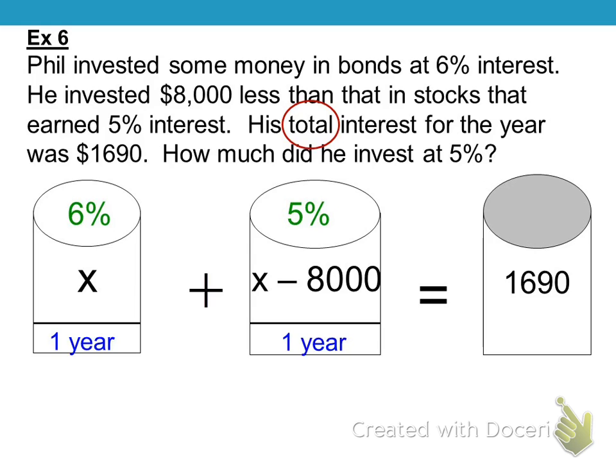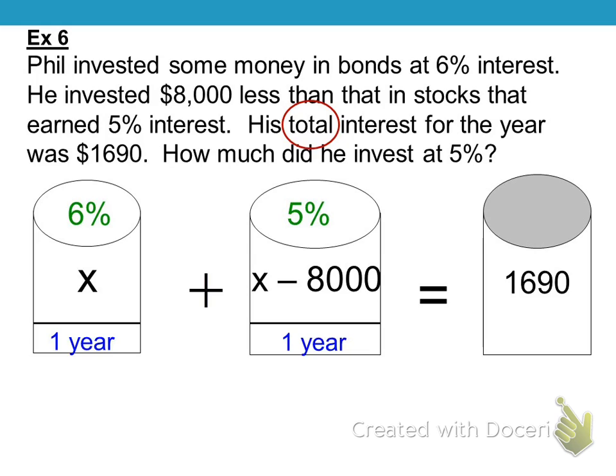Here we have no idea how much he invested altogether. We know he invested a certain amount in one and 8,000 less than that amount in the other. So his total is way more than $8,000. It's because 8,000 isn't the total amount of money he invested. Then it would be 8,000 minus X. This is actually 8,000 less than he invested in the previous one.